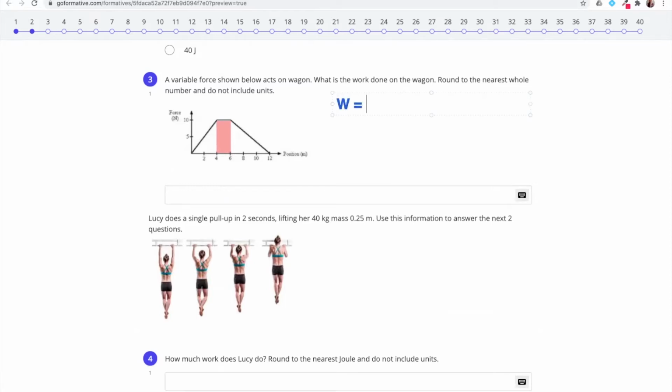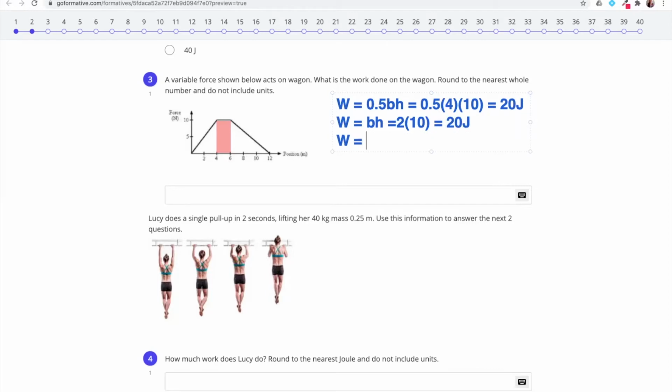Its work that would be done on the wagon would be 0.5 base times height, with a base of 4 and a height of 10. That's the first triangle on the left. This gets 20 joules. The rectangle in the middle would be base times height with no 0.5 out front. It has a base of 2 and a height of 10, so it also does 20 joules of work.